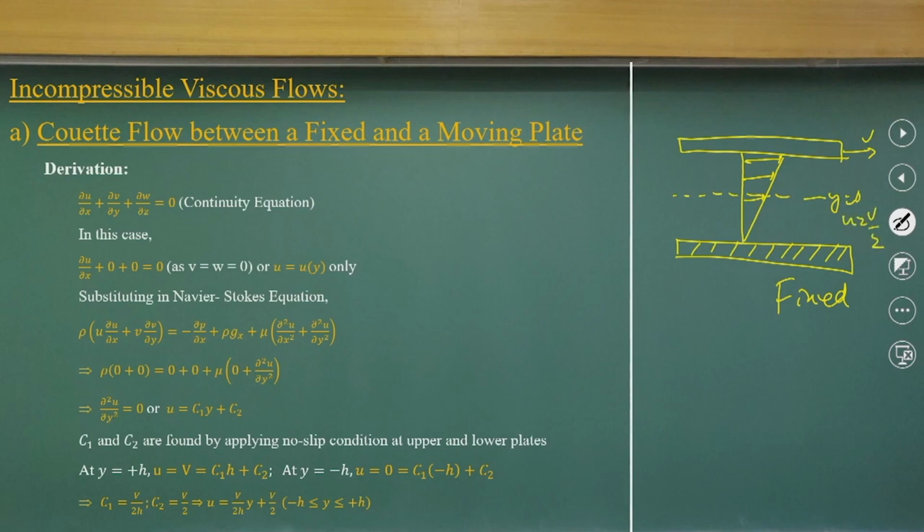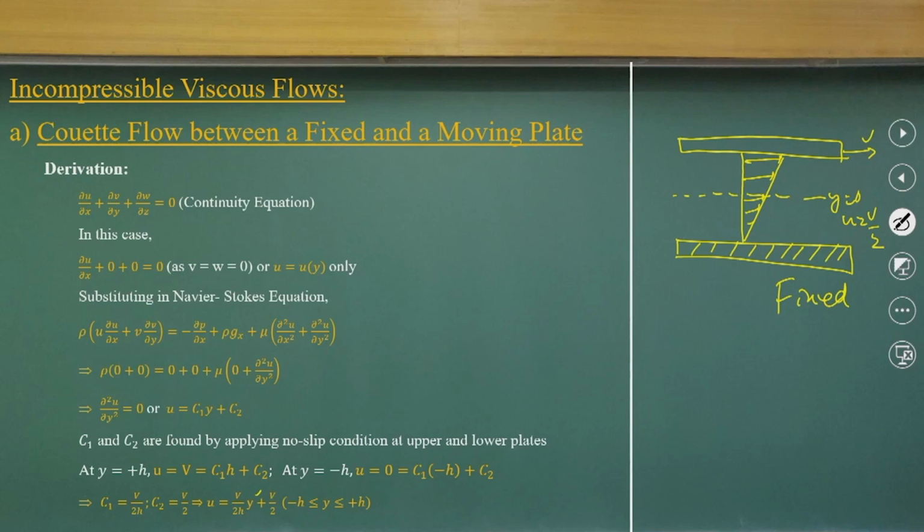So you get a linear velocity profile. It is easy to get this from experiment, but these are the analytical solutions we get with a series of approximations for these specific problems.